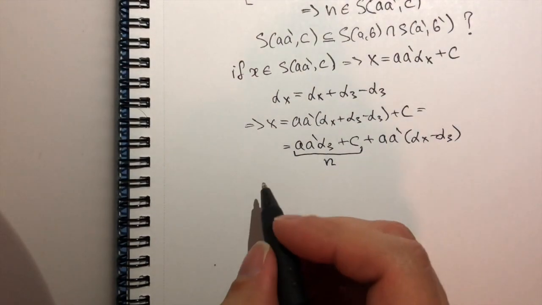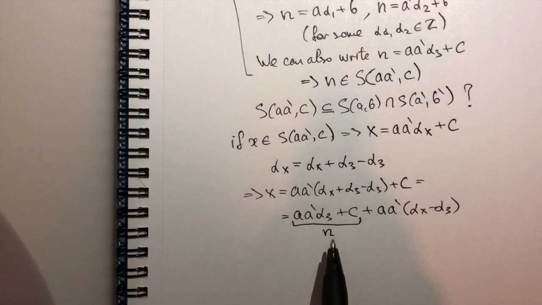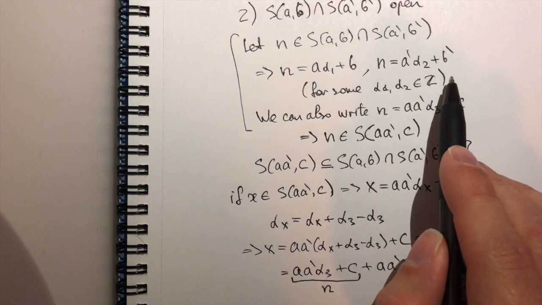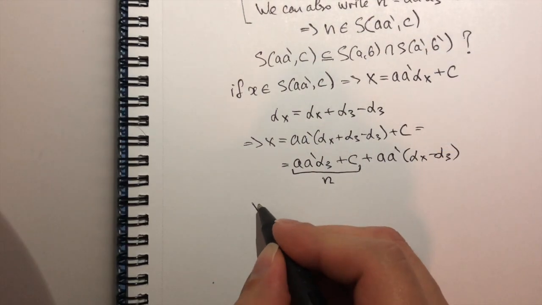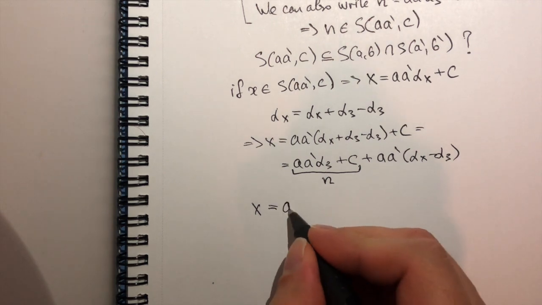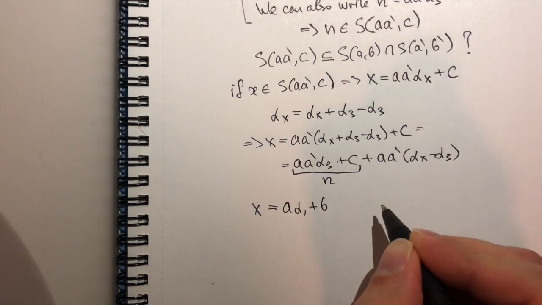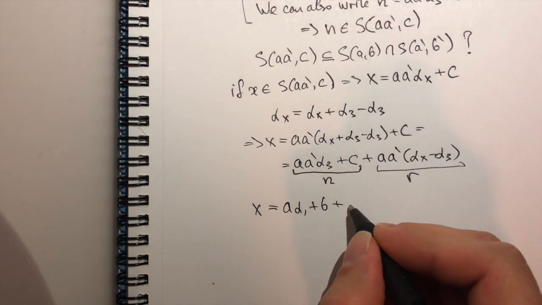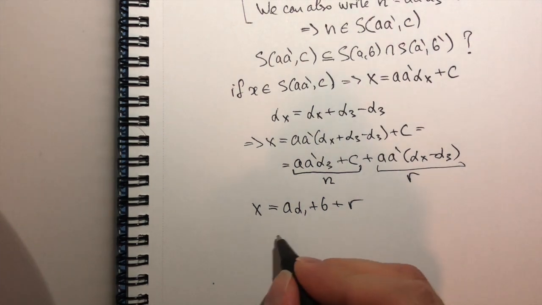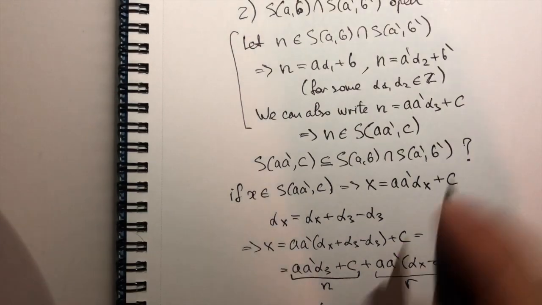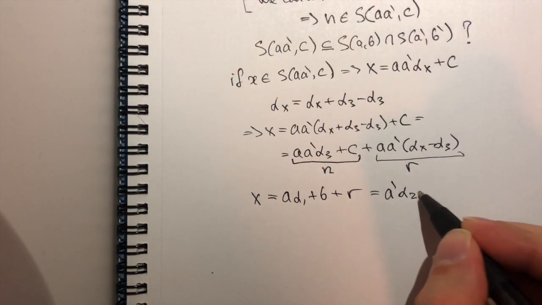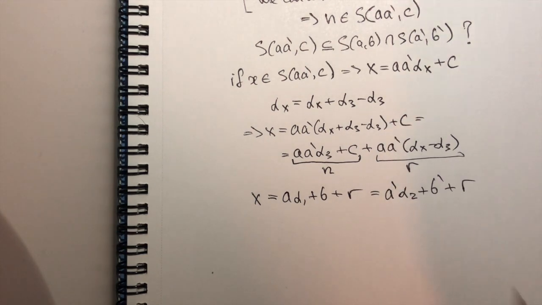So what does it mean? Since we know that this specific n is this or this, we know that x is actually a alpha 1 plus b plus, let's call this r, but it is also equal to, like this expansion, a prime alpha 2 plus b prime plus the same r, right?